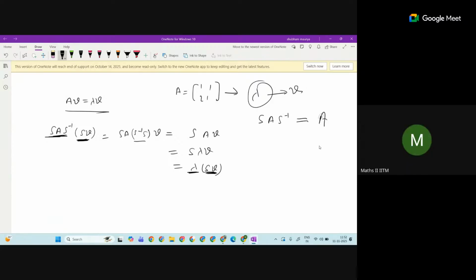Sir, what's the need of multiplying S and S inverse? You will see the use of this in your electronics system course. When you have an amplifier or a transmitter or a transformer, and you apply some different wave which is invertible, it doesn't change your wavelength, or whatever the eigenvalues are representing.